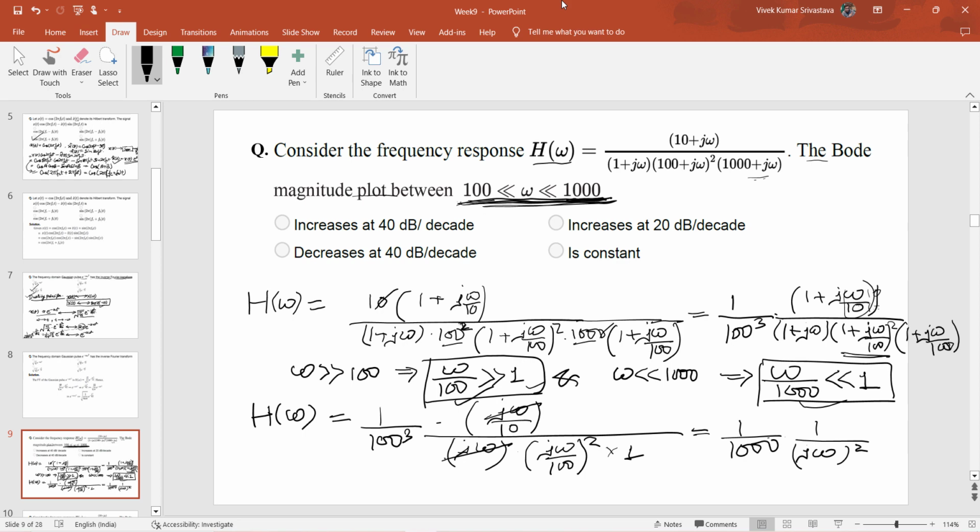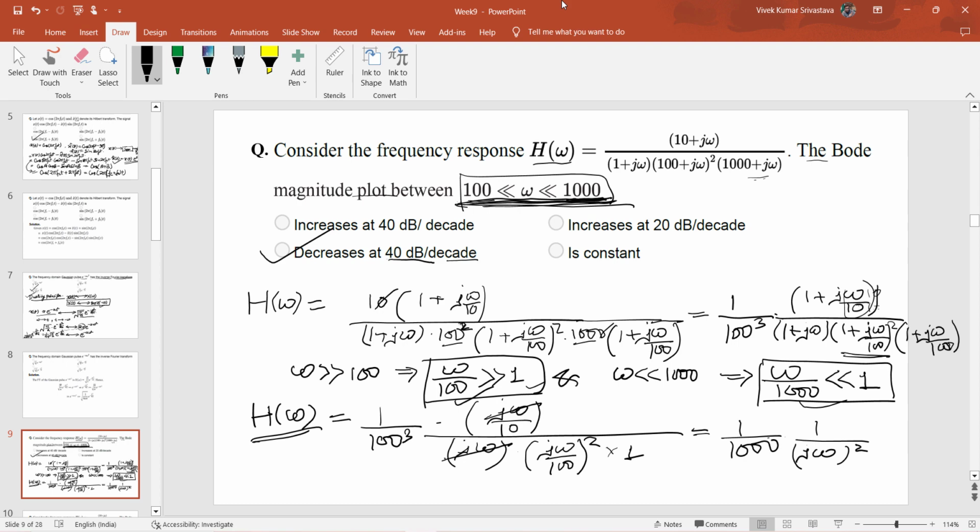It means that the slope of this frequency response between this range of frequency will decrease by a factor of 40 dB per decade. So here option C is correct. Why am I saying that the slope is decreasing by 40 dB per decade?